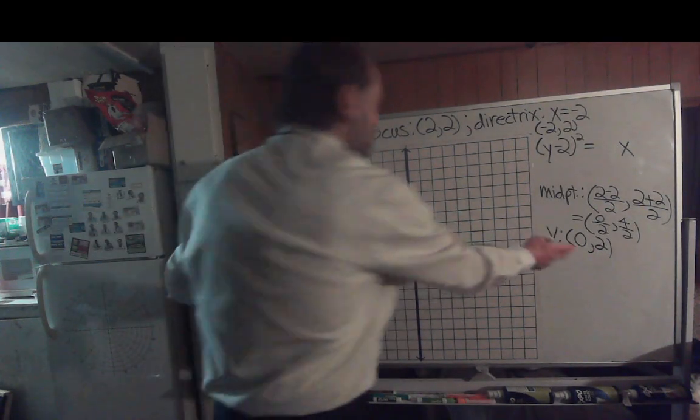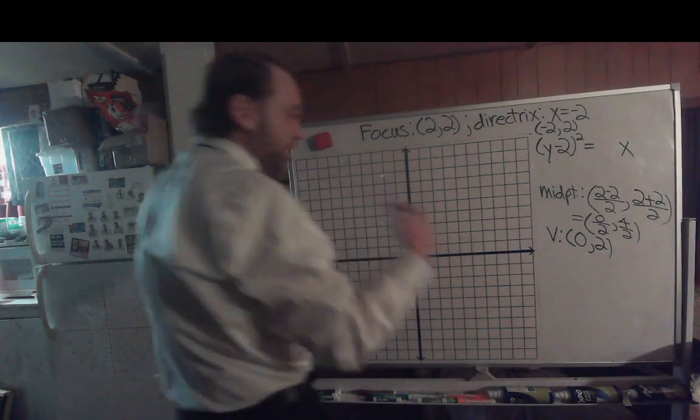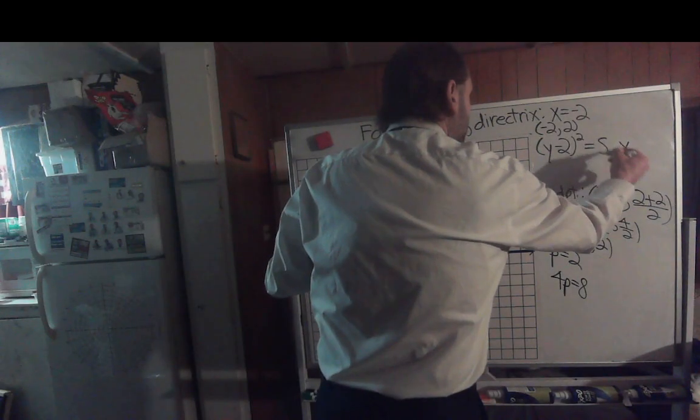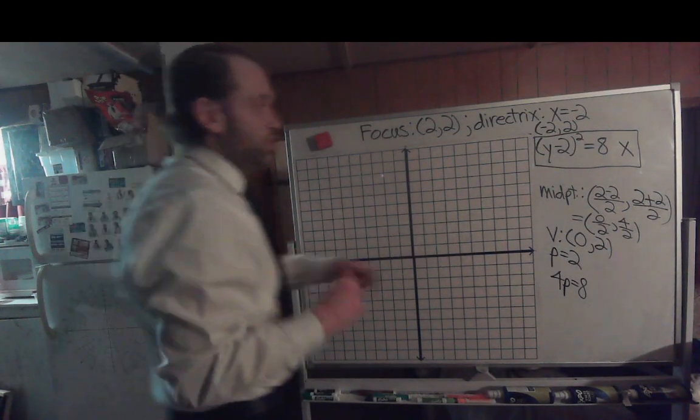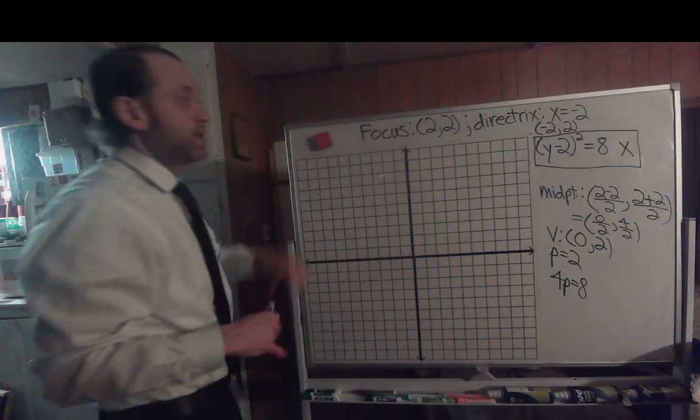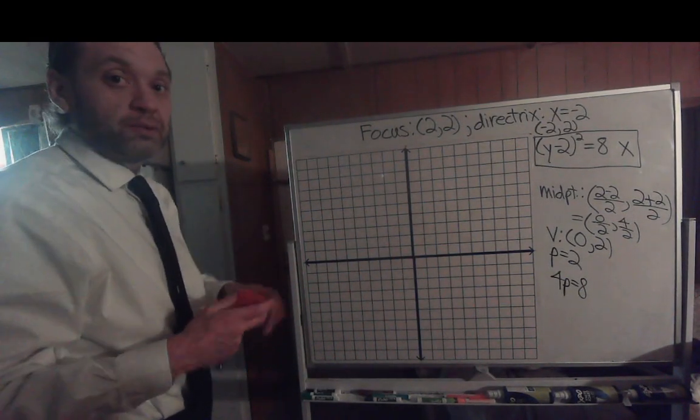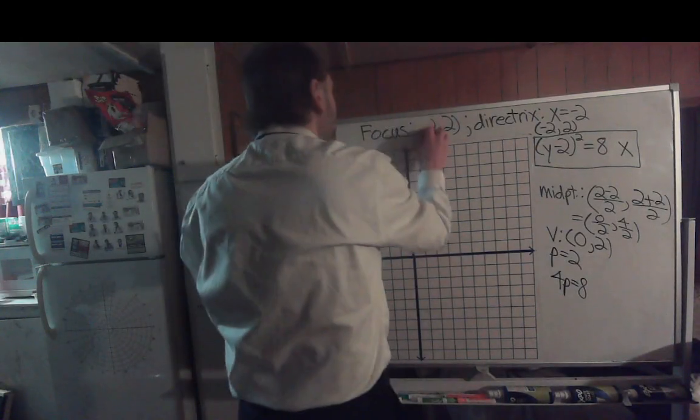If you go from (0, 2) to (2, 2), that means your p is 2. So 4p equals 8. You should end up getting that (y minus 2) squared equals 8x. That would be the equation you get. I got one more, and then we're done with the lesson.